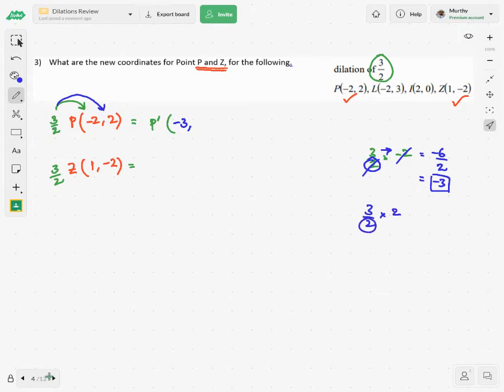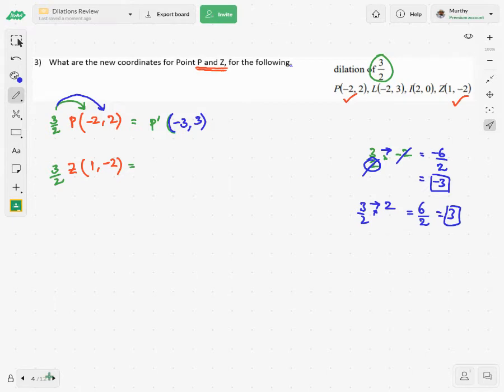So 2 and 2 get cancelled, then I'm left with 3. Or else you may multiply the numerator with 2, 3 times 2 is 6 over 2. That gives me 3. Anyhow, it's one and the same.